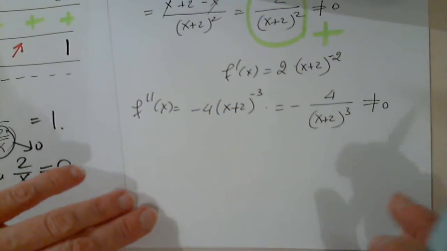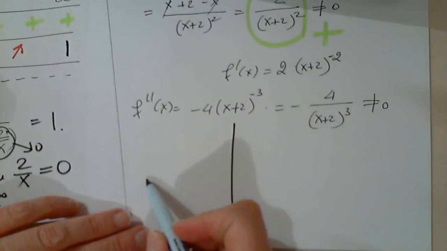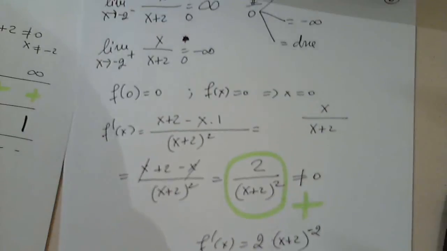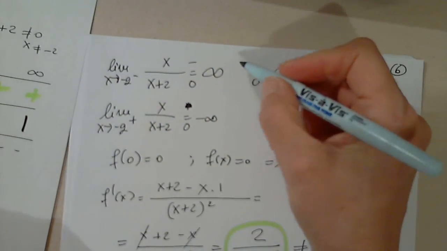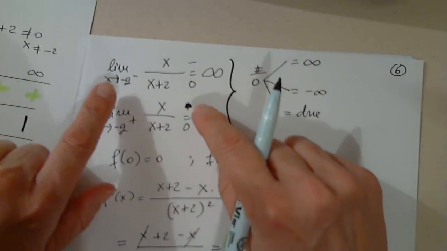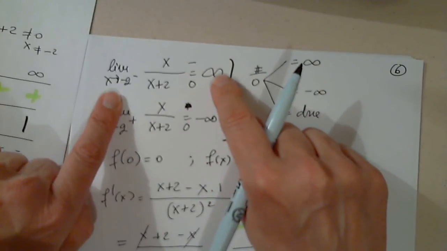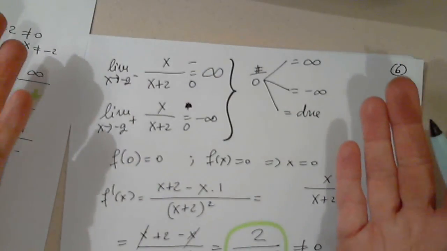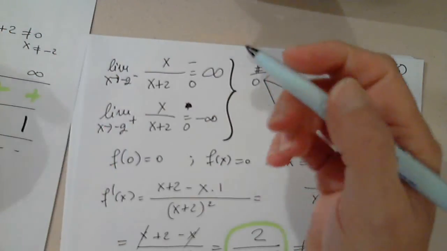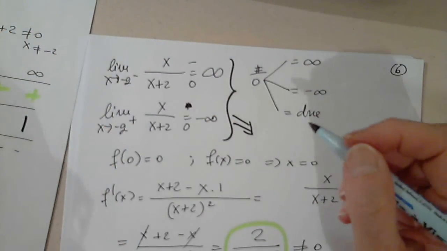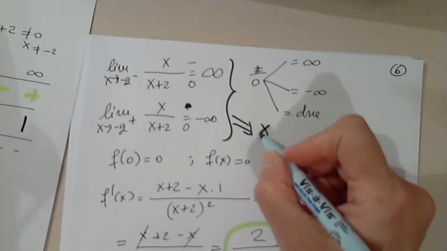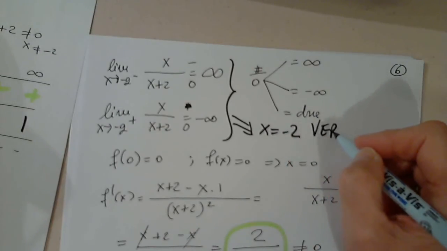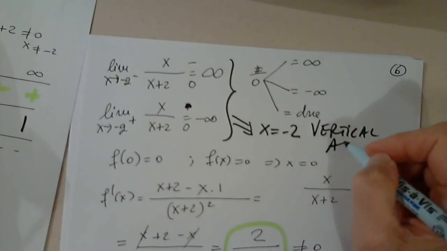I want to mention one thing here that I forgot. Every time a function approaches infinity or negative infinity, as x approaches -2 from either side, that is the typical situation for a vertical asymptote, x equals -2.